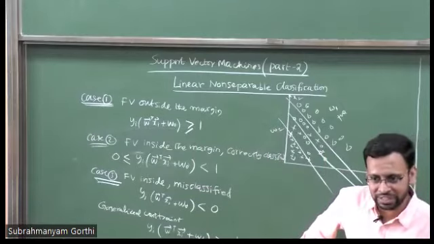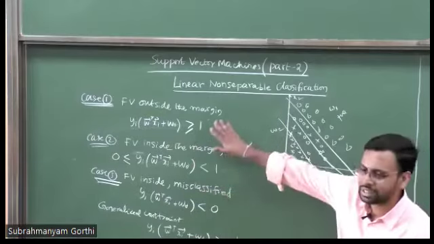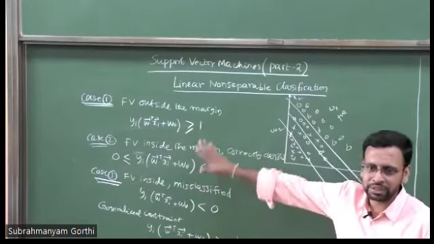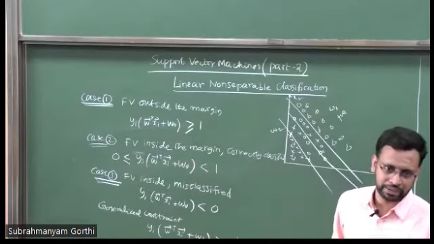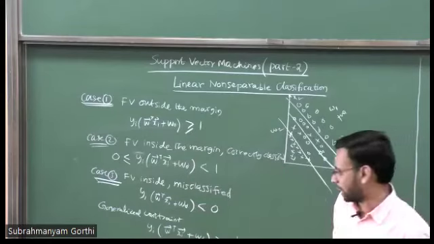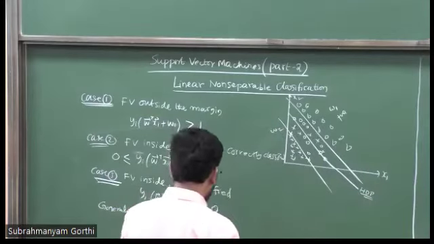Now I need to define this variable such that for different values of it, all these 3 conditions are met. That is essentially what I need to do. So how could I do that?